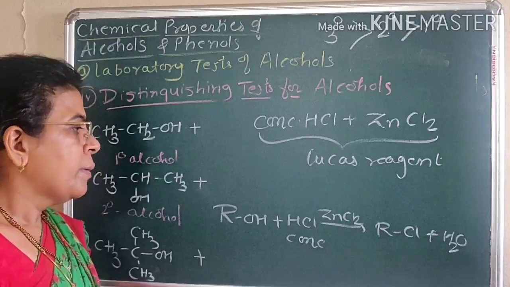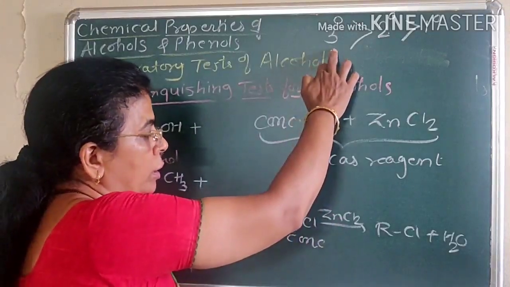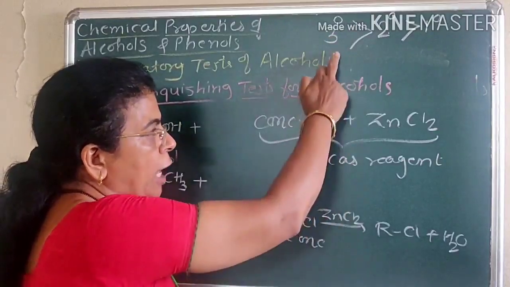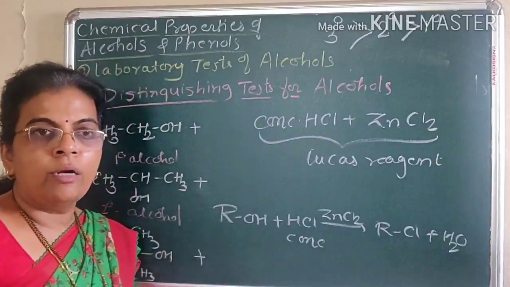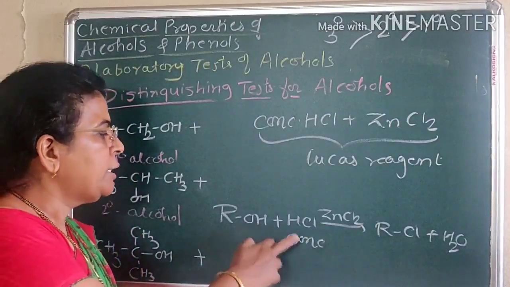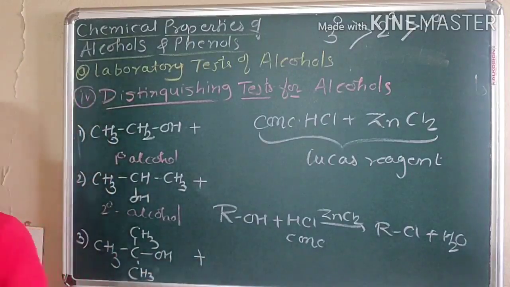The rate of reaction of tertiary alcohol with Lucas reagent is highest, higher than that of secondary alcohol, and primary alcohol is the least reactive with Lucas reagent. Now we are going to see the reaction.